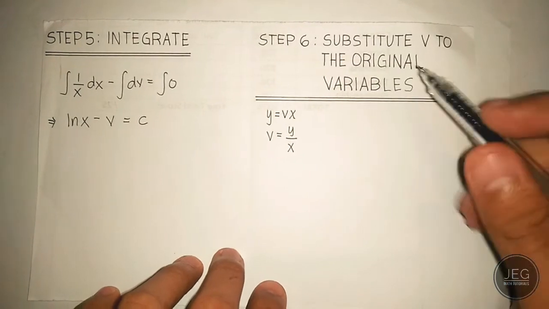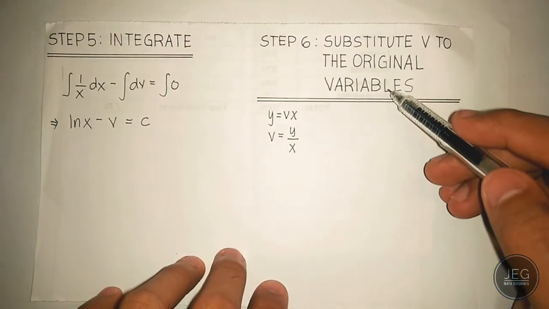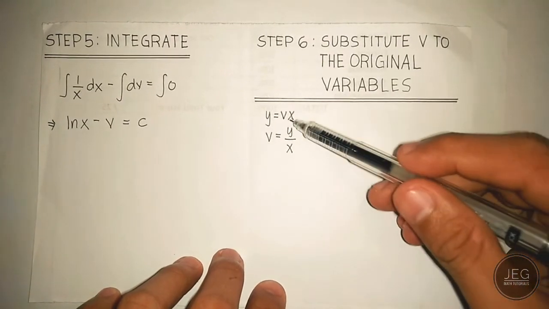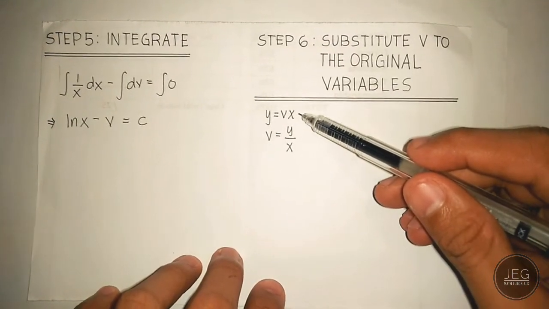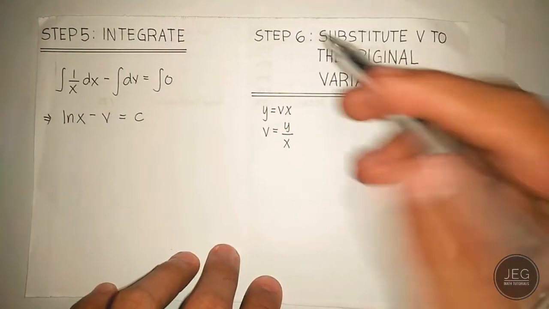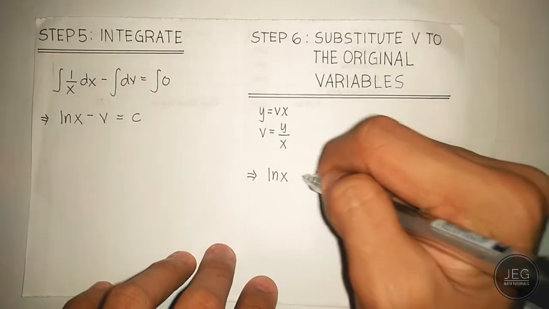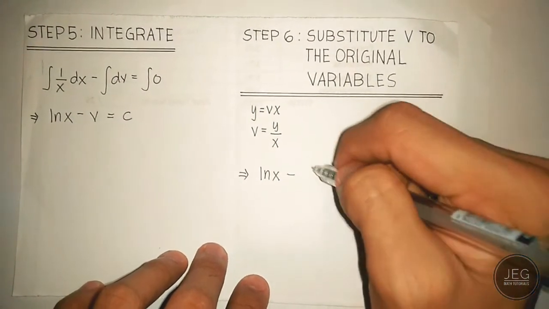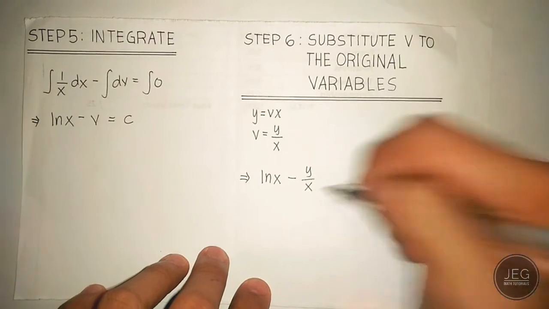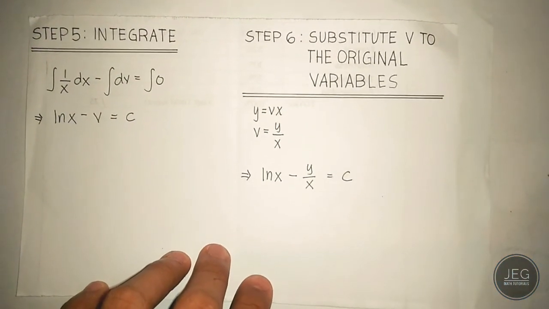Step 6 is substitute v to the original variables. Recall that we have y is equals to vx. So our v is equals to y over x. So it's going to be ln x minus v, which is your y over x, is equals to c.